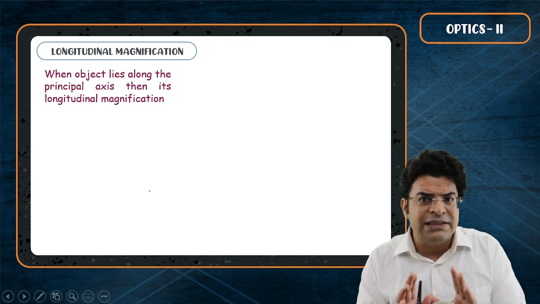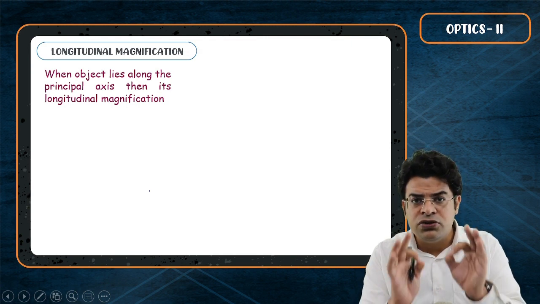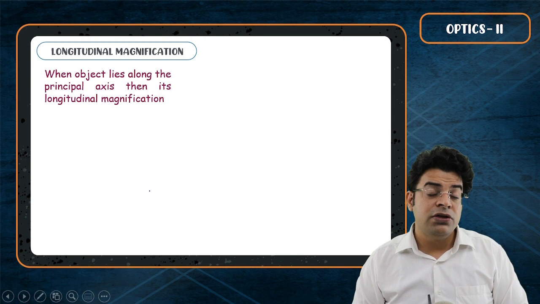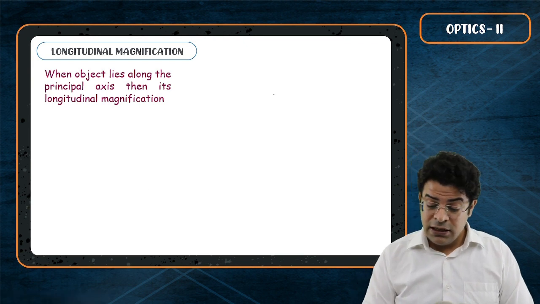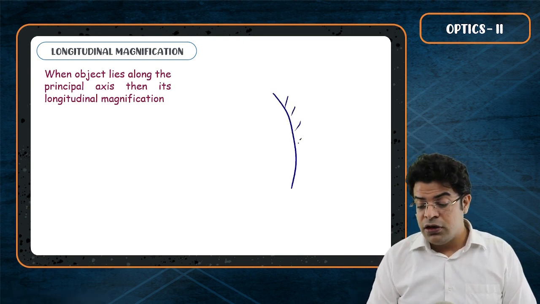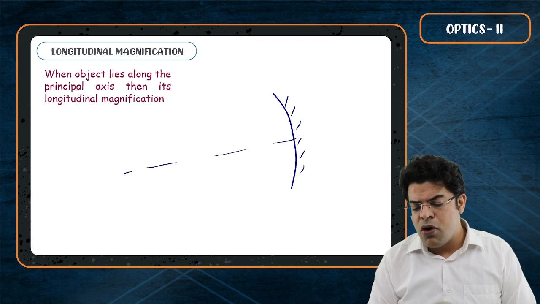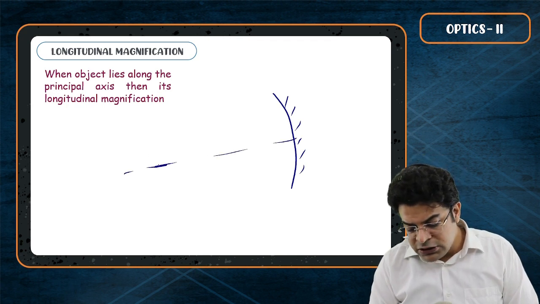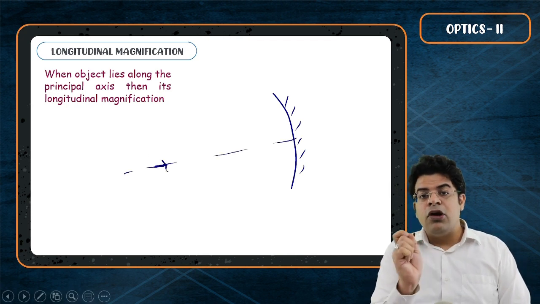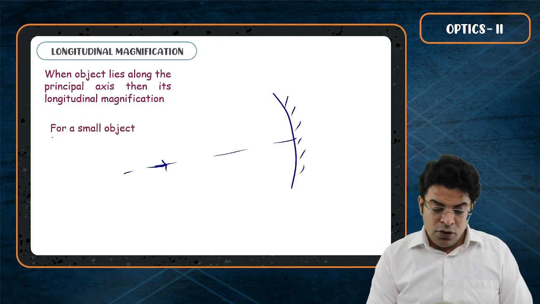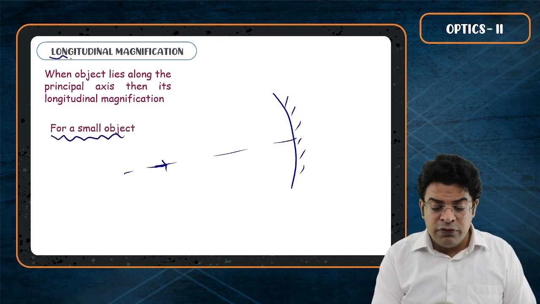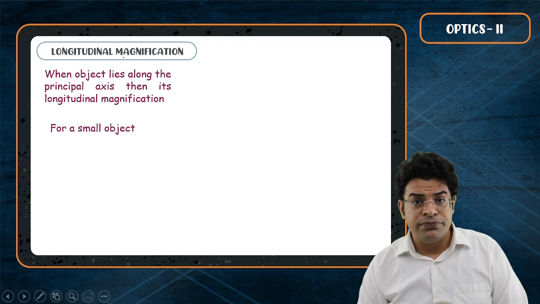And since this is a lengthy process, these types of questions do not come in the question paper. So which type of question comes? They will ask you the longitudinal magnification for a small object having a small length placed along the principal axis. So for a small object, how do we find the longitudinal magnification?